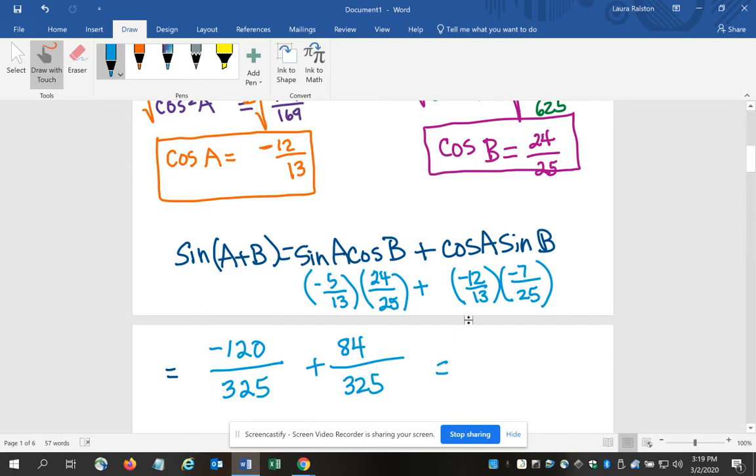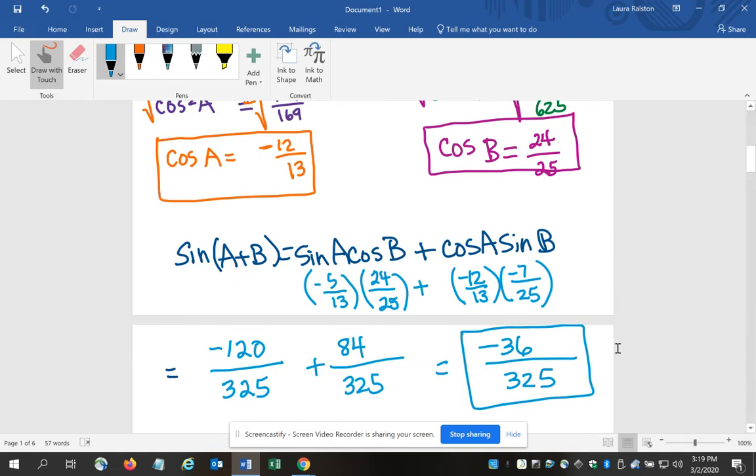So then I have negative 120 over 325 plus 84. So negative 120 plus 84 is negative 36. So I'm going to have negative 36 over 325. There's your answer. This is the sine of A plus B.